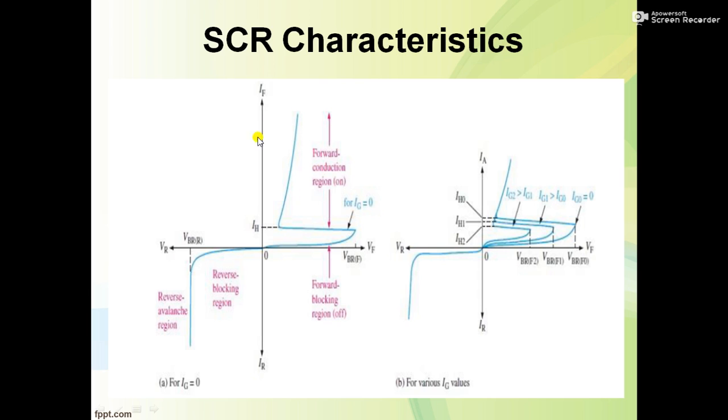So the forward current should always be more than the holding current. If it is less than the holding current, it again comes into the forward blocking region and the SCR will be in the turned off condition.